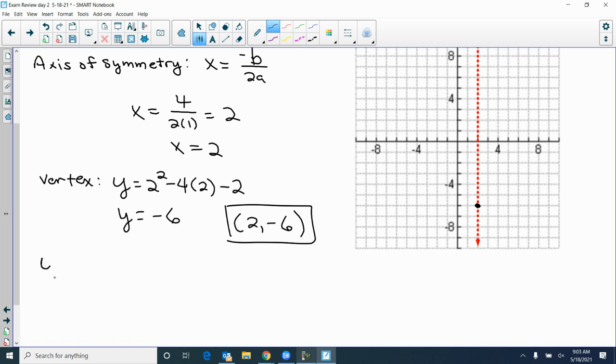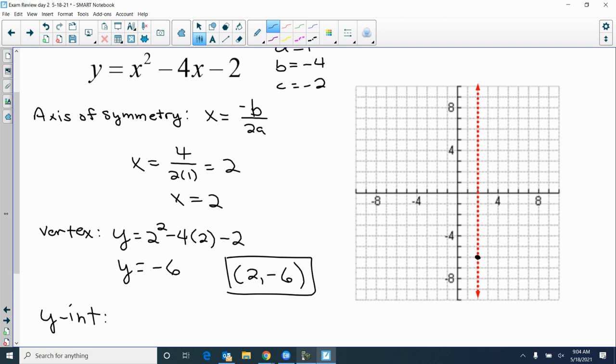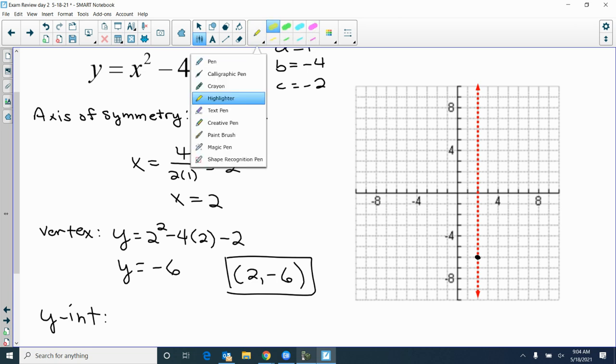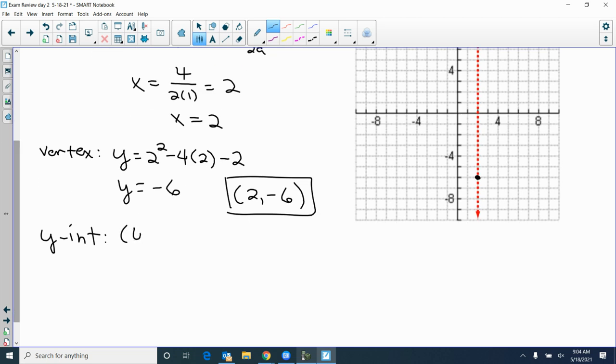Y-intercept. If you remember, it's the easiest one of them all, but it could be the hardest if you've forgotten how to find it. What is our y-intercept, Christian? You know it? -2. Yeah, it is that C value right there. Whatever the C value is, that's your y-intercept, and it's an ordered pair, (0, -2).